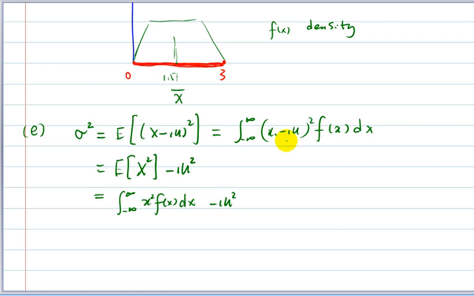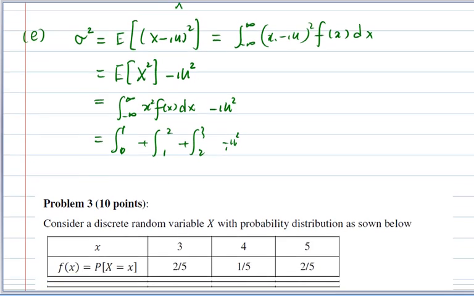What makes this more convenient is that in the first one there is (x minus mu) squared, so you need to expand it and then do the integral, but this one is just x squared. So it simplifies the calculation a little. This is just the integral from 0 to 1 plus 1 to 2 plus 2 to 3, minus mu squared. That's how you calculate sigma squared. You can use Maple if you want to verify this calculation. So that's question number 2. Okay, let's take number 3.